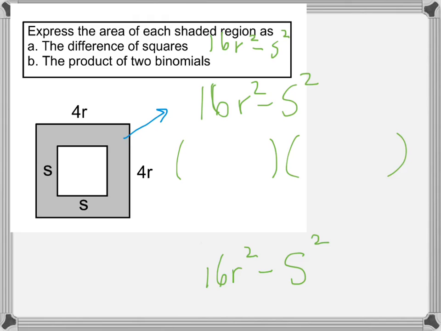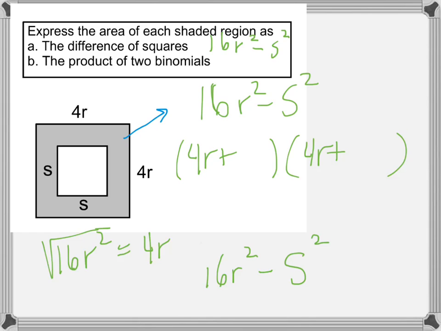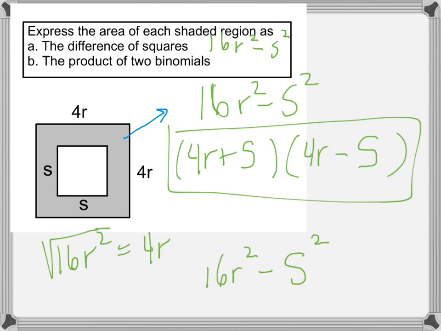So we want to take the square root of 16r squared to find out what a is. That's going to be 4r. And the square root of s squared is going to be s. So that's it. We have 4r plus s, times 4r minus s, it should be. Okay, so that answers B.